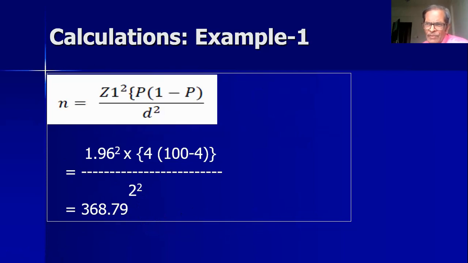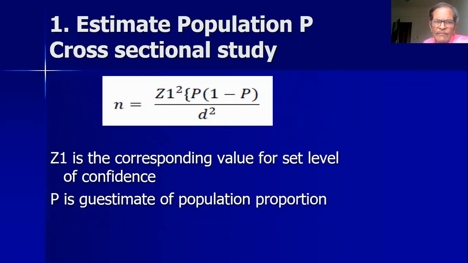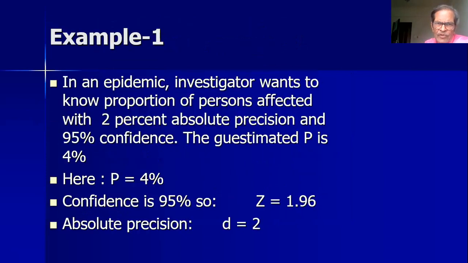So you can round it up to say 370. So if you undertake a sample survey, the sample being drawn with a scientific method from that town or village, you will get an estimate within 95% confidence limits. So that is how the sample size is calculated if your problem is something like this, that is estimating the population P in a cross-sectional study.